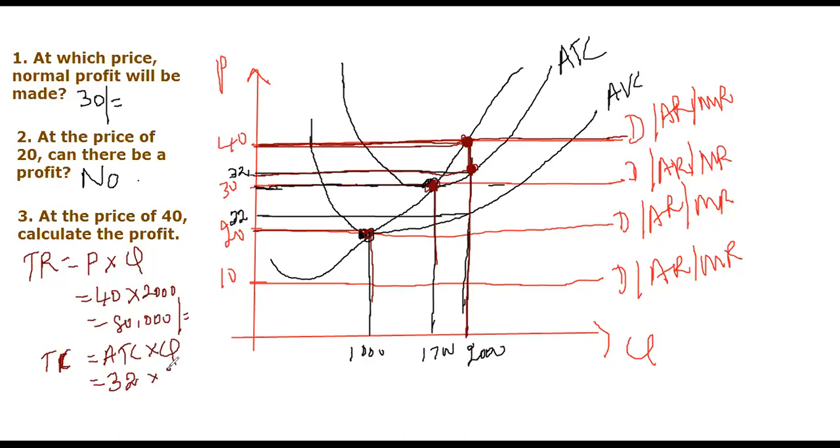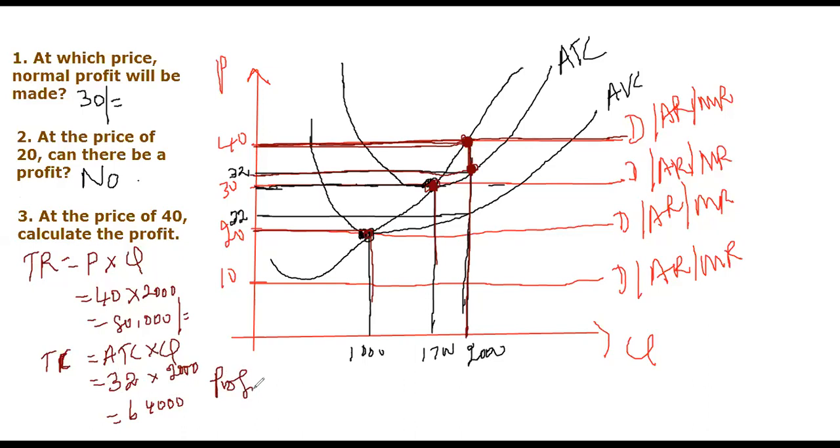32 into the same 2000. Some people decide the ATC and put another quantity. When I say, for example, I am selling 2000 units, for that the price is 40, and for the same 2000 there will be an ATC. So TC is 64,000.